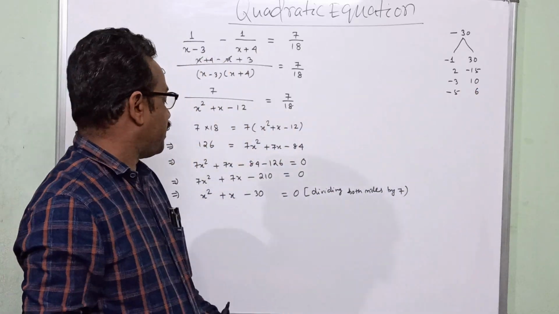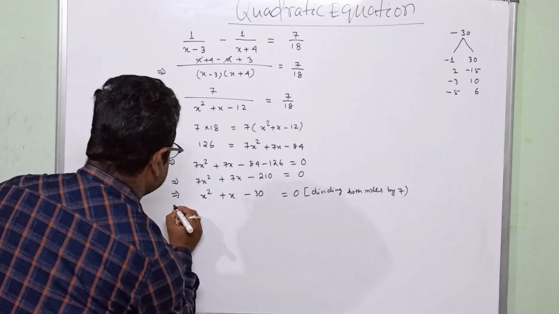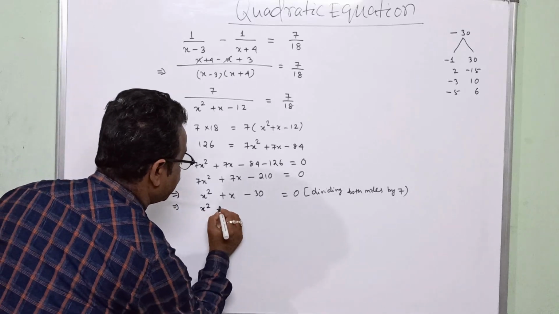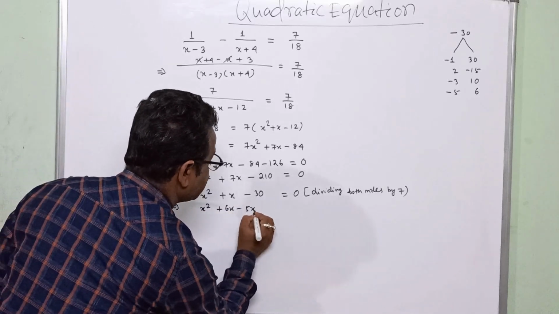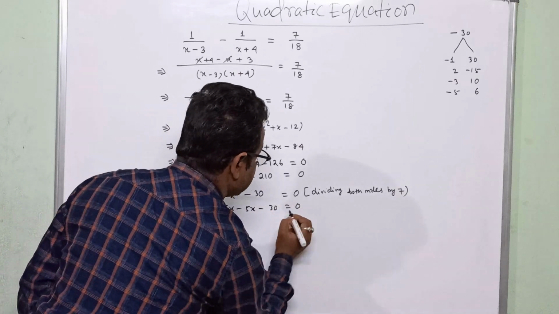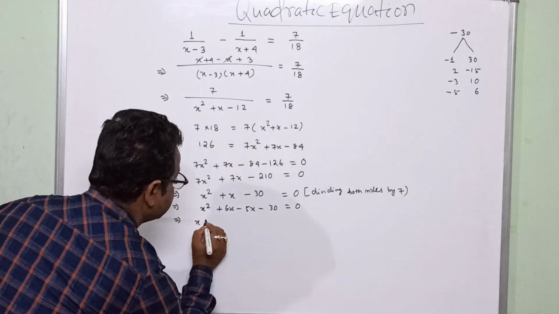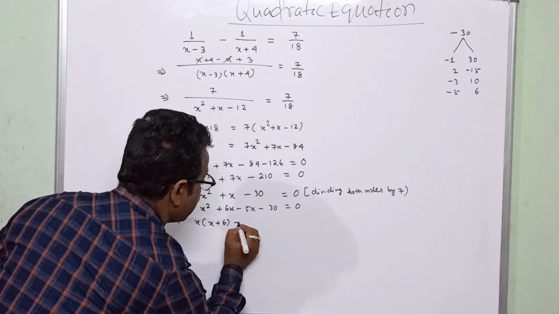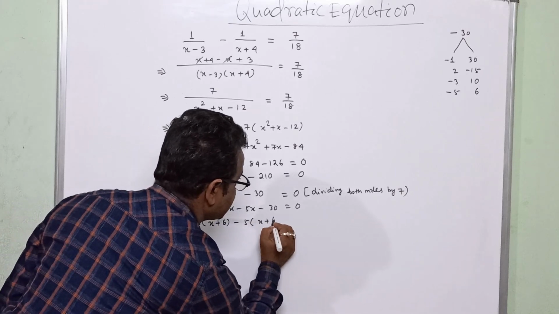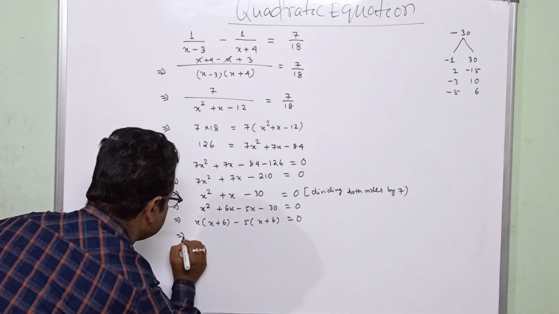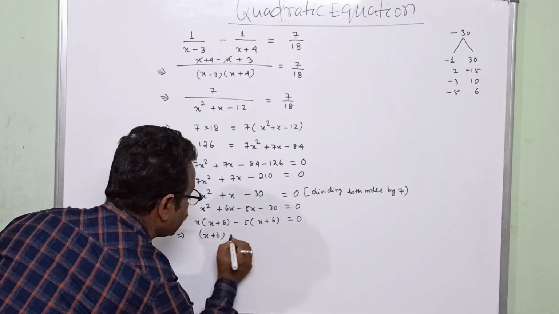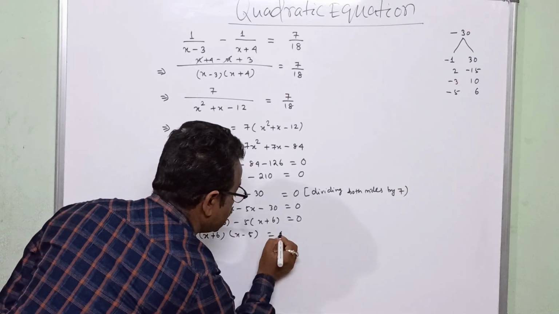Plus 6x minus 5x. That implies x² + 6x − 5x − 30 = 0. That implies taking x common, x(x + 6) − 5(x + 6) = 0. That implies (x + 6)(x − 5) = 0. That implies x + 6 = 0 or x − 5 = 0.